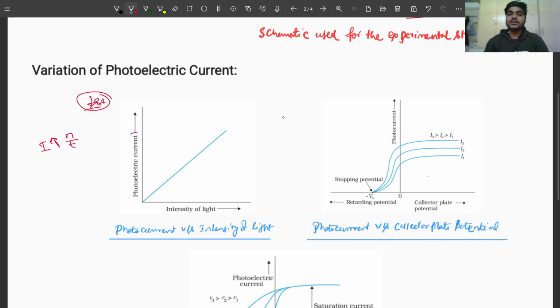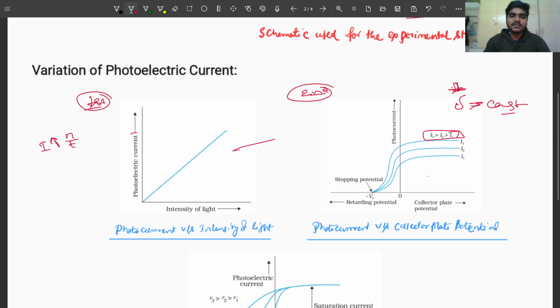So this was the first graph, and the second graph was obtained when the photocurrent versus collector potential was measured, keeping the frequency of the illuminating light constant, and in this graph it was taken at different intensities.